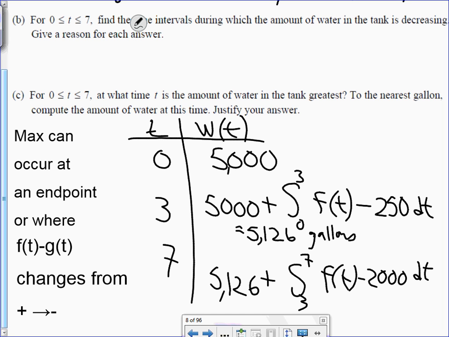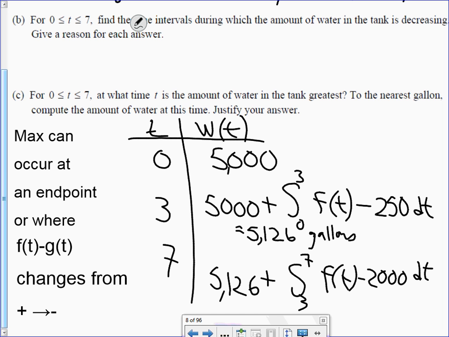I wanted you to see what would happen if it was piecewise. I have another one I'll show in a review today after school. Yeah, because what are you going to put in for a rate out? If you say it's 5,000 plus the integral of F of t minus, it's changing, so you have to break it up.